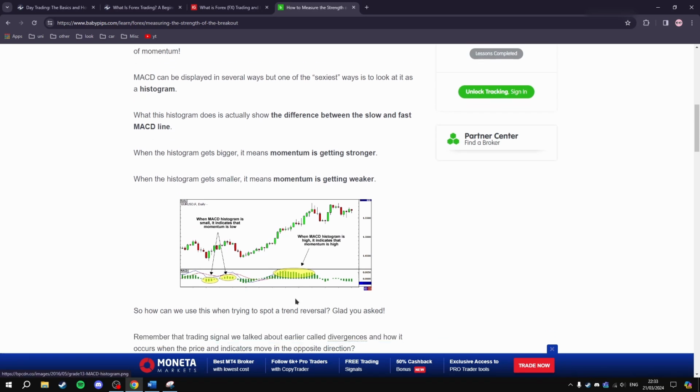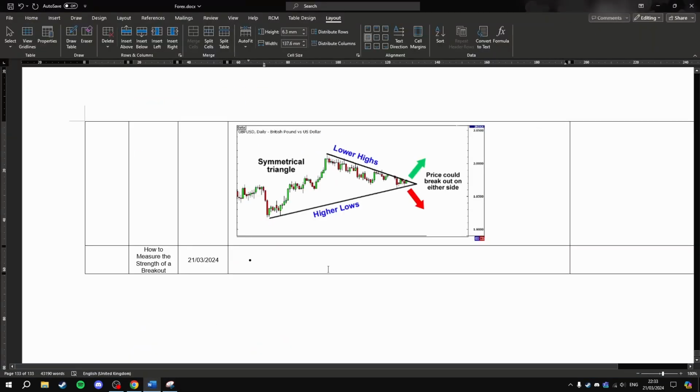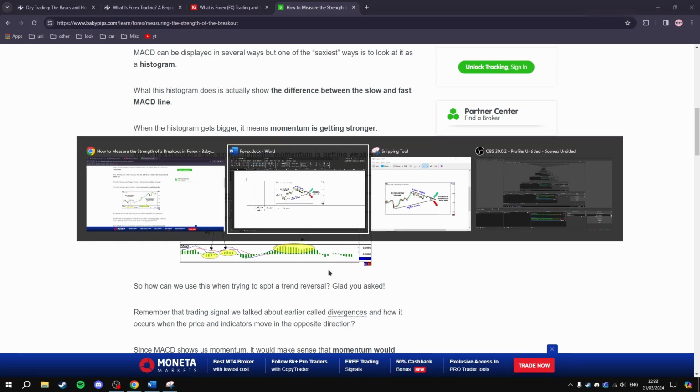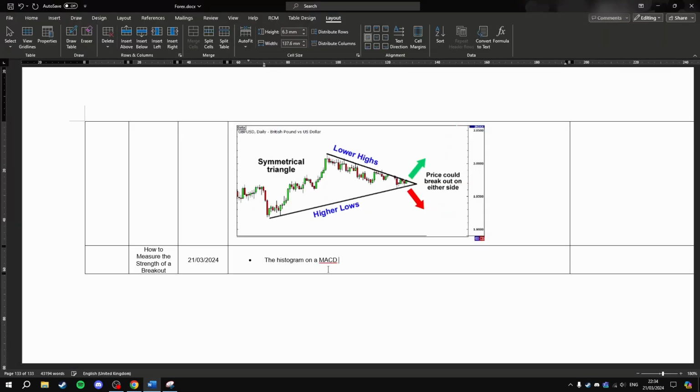The histogram on a MACD indicator shows the difference between the slow and fast MACD line.